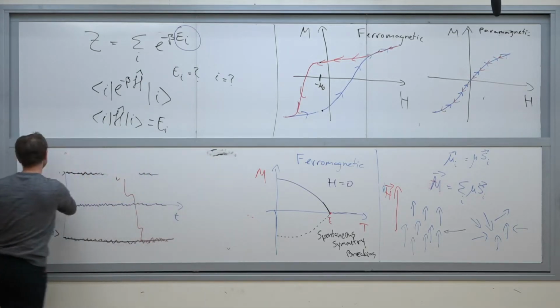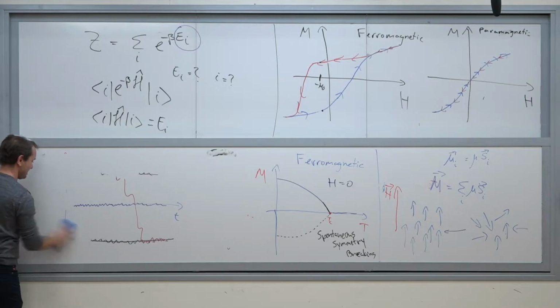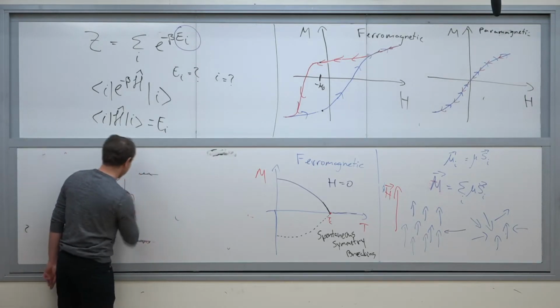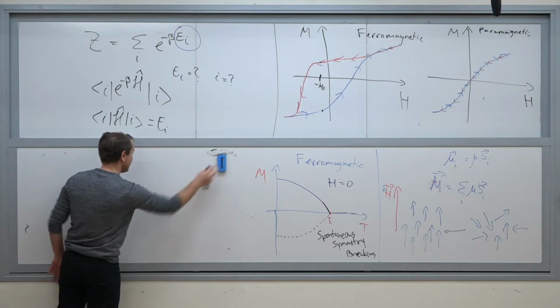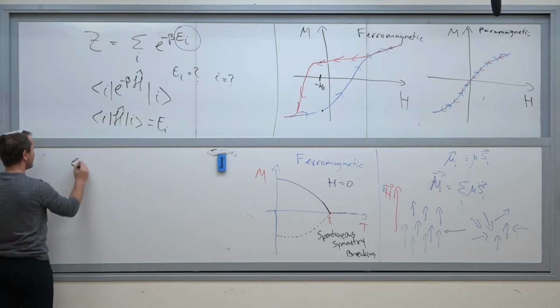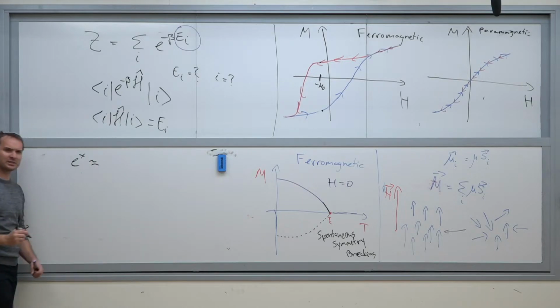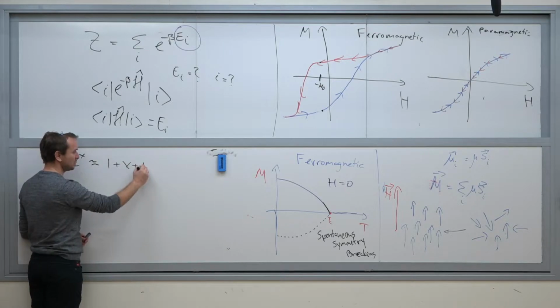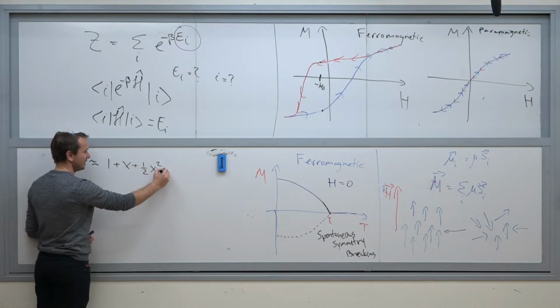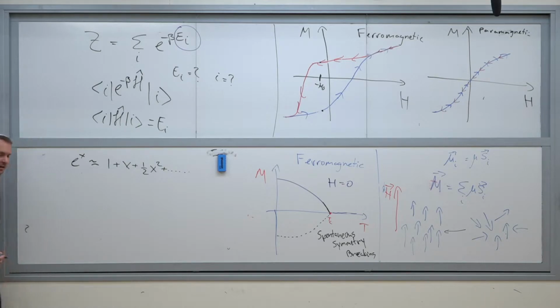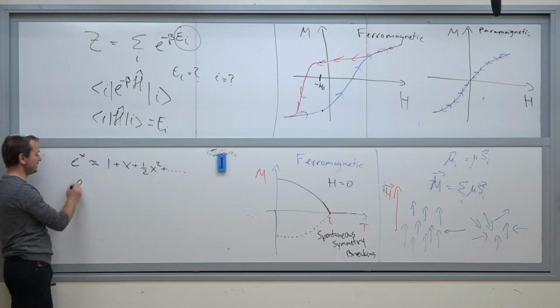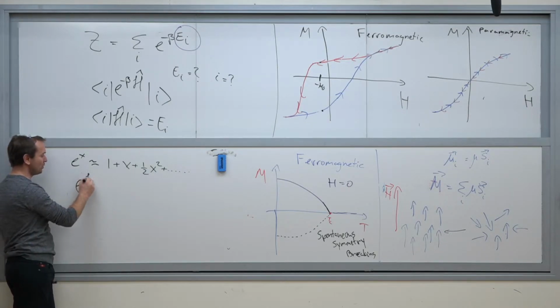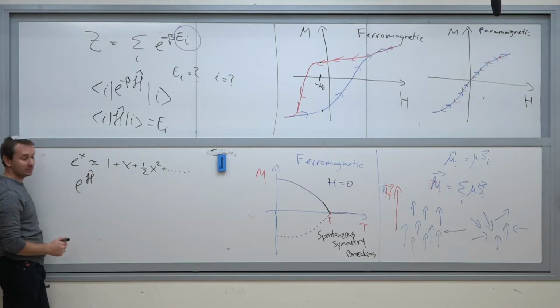Now, if I have a function e to the power x, the Taylor expansion of this function is 1 plus x plus 1/2 x squared, etc. Using this formula, I can say that I have e to the power of some operator. It can be the Hamiltonian or not, I don't really care.